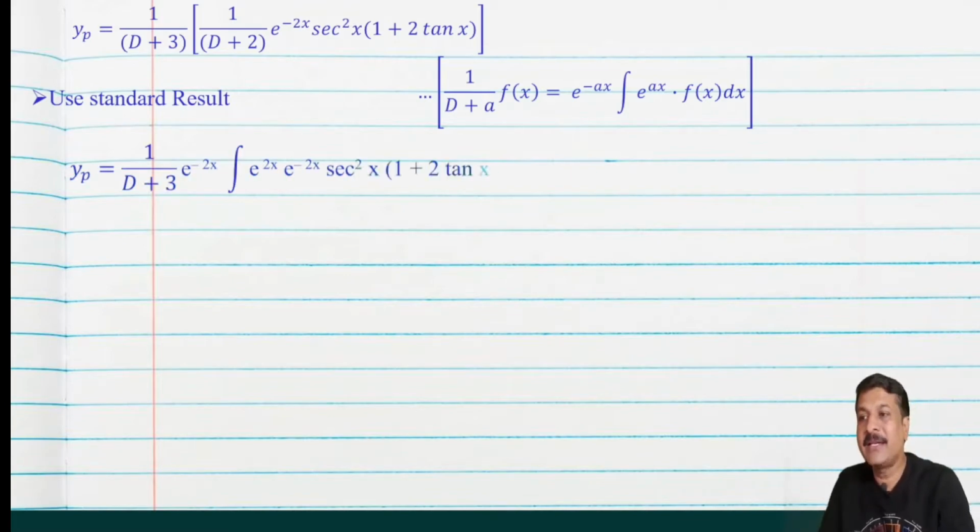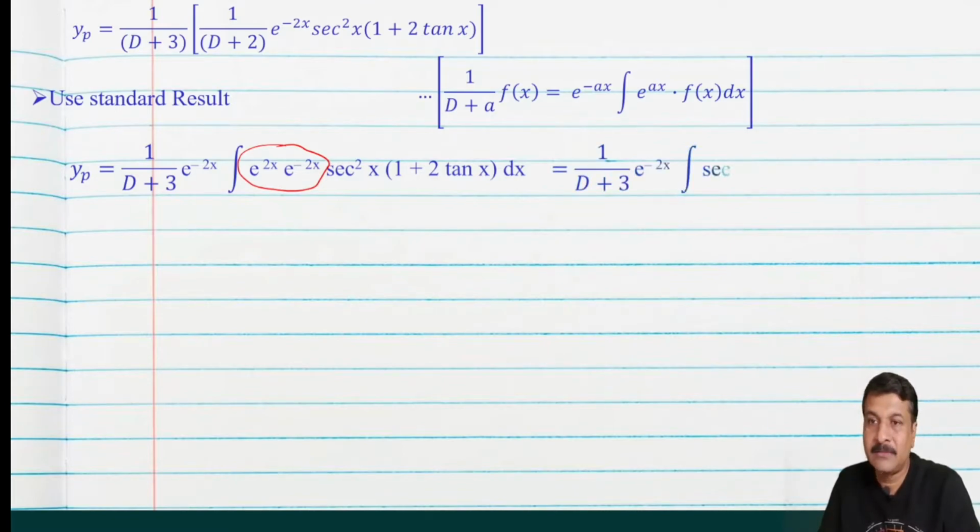And I am getting 1/(D + 3) as it is, and due to this +2, e^(2x) inside, e^(-2x) outside. Now simplify. Note that by this I am getting e^(0x), and it is nothing but 1. So what is remaining? Only sec²x (1 + 2 tan x). So I am getting only this one.